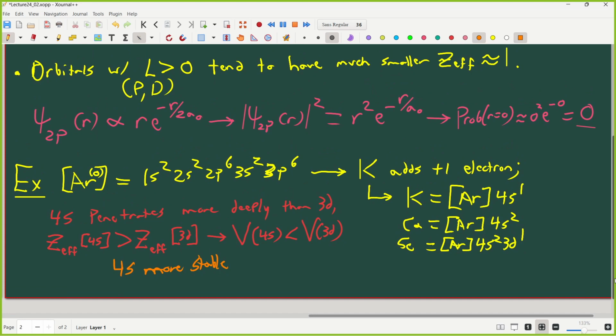Now let's do one more example, and look at scandium. The question I want to ask is, when we remove an electron and go to scandium plus, which electron gets removed first?